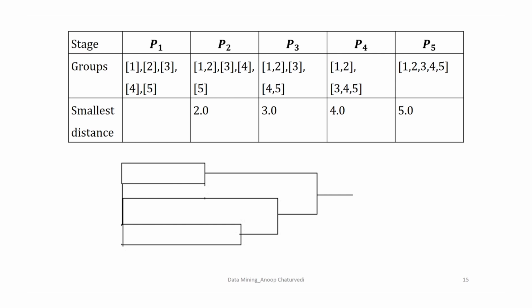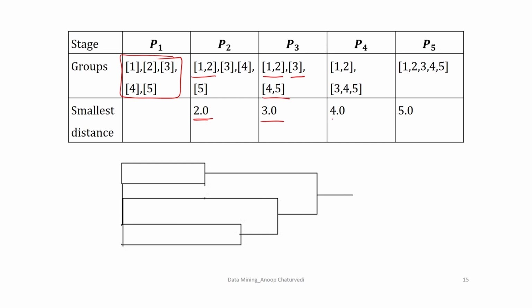So, finally, we get this kind of result. Say at stage 1, you have 5 clusters, each containing one individual. Then at distance 2.0, we have merged 1 and 2. So, we get 4 clusters at distance 2.0. Then at distance 3, we merge 4 and 5, and then we have 3 clusters: 1, 2, 3 and 4, 5.